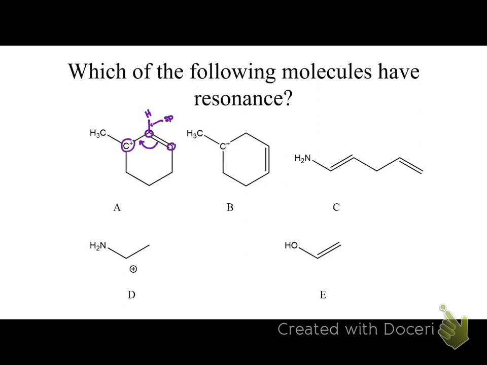Okay, so let's go back through B. Do you want me to draw the resonance structure? I didn't draw it. We can draw it. If I'm going to redraw that, then it goes like this. That's a CH3. I'm just not going to draw it. So when I drew that arrow, what does that mean about the electrons? What am I drawing now?